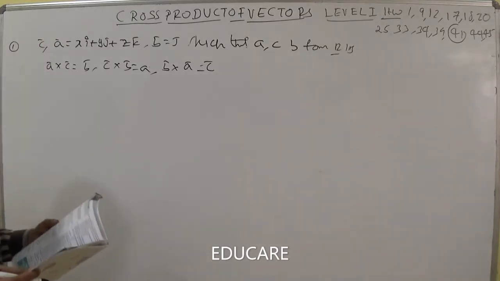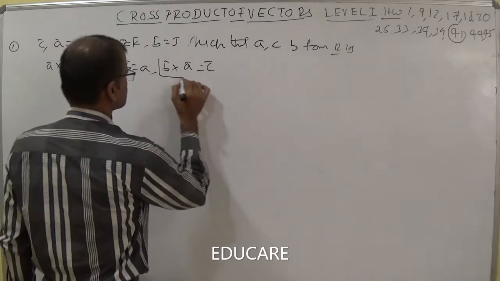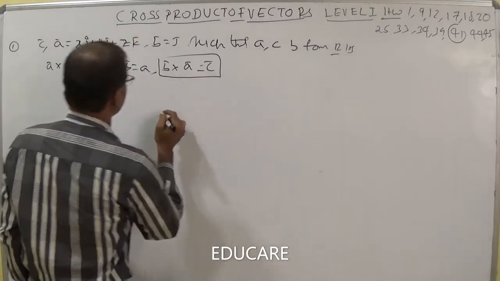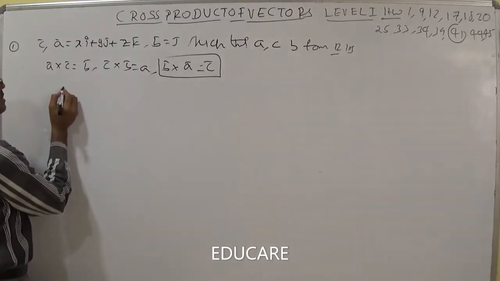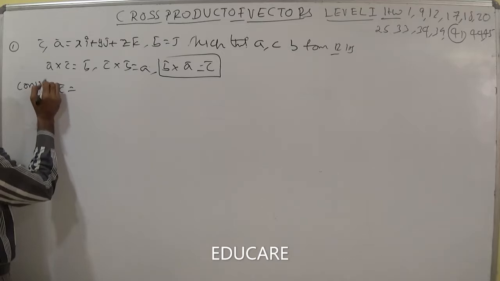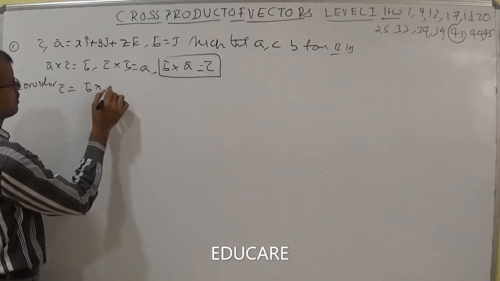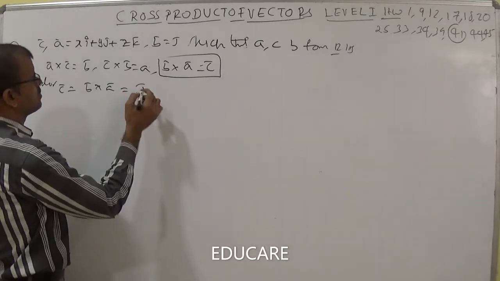We should calculate C. So consider, according to the option, C bar is equal to B bar cross A bar. What is B bar here?